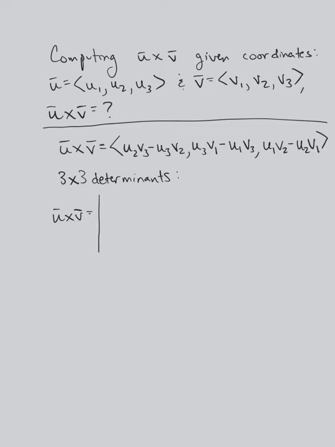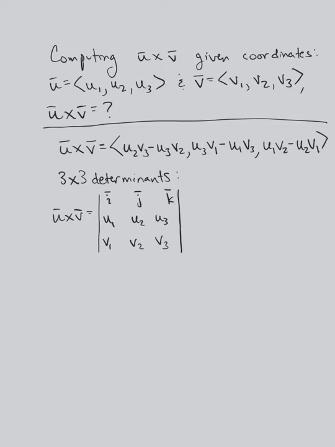Usually there's just numbers in the determinant, but I can put the vectors i, j, and k on the top row, like that, and then I put the components of u in the second row. Now remember, the order that you do a cross product in is important, so you've got to make sure to put the things in the right order. The first vector goes in the second row, the second vector goes in the third row.